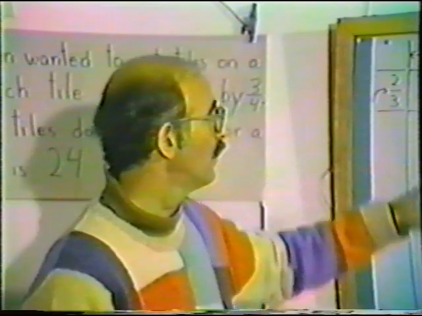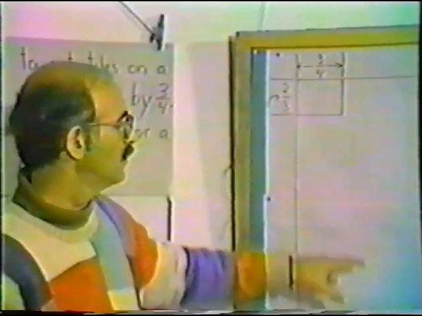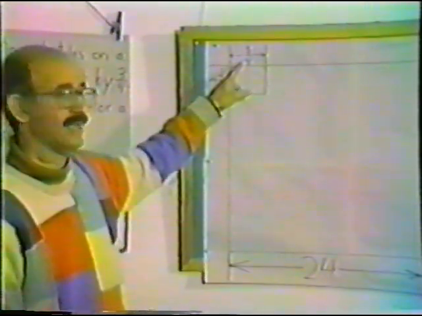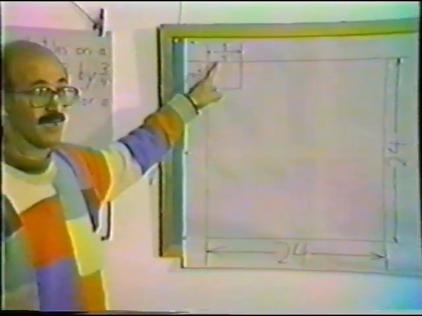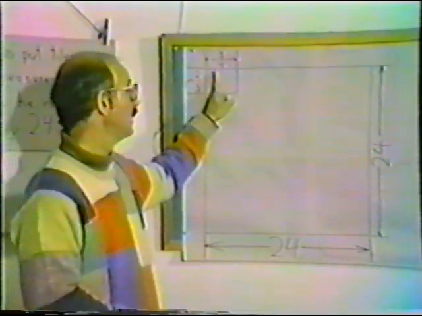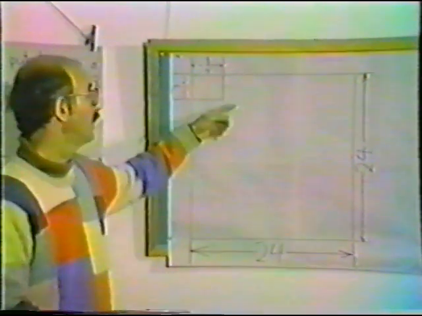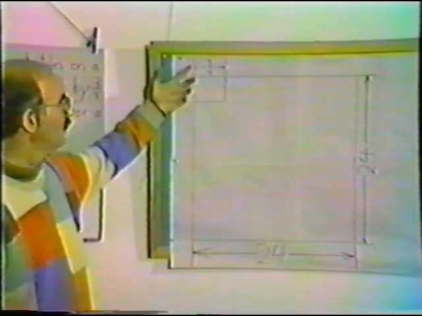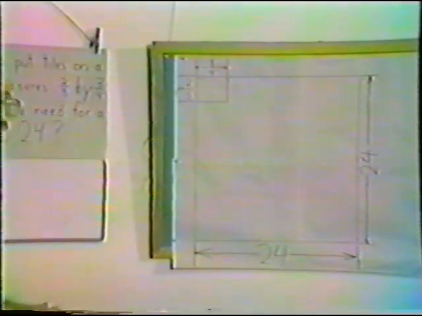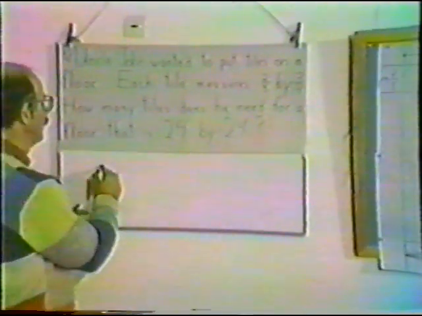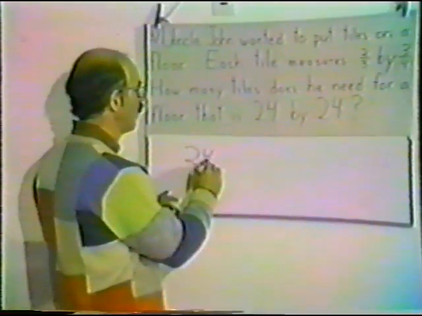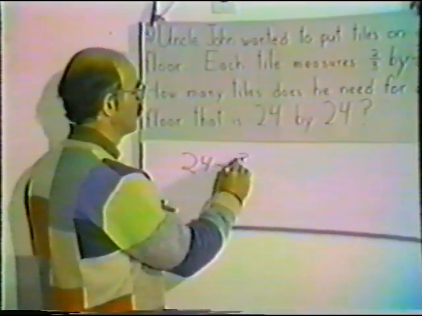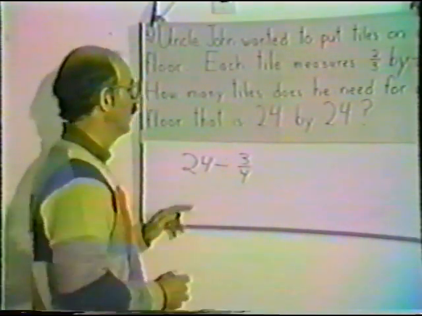So, if it were 3, we would do 24 divided by 3 to find out how many 3s there are in 24. If it were 3/4, which it is, we have to divide 24 by 3/4.